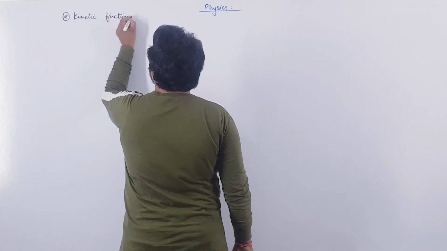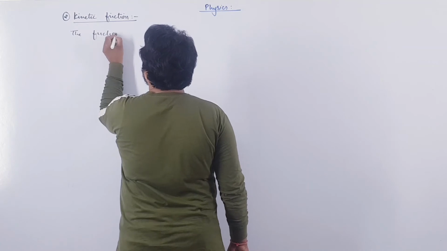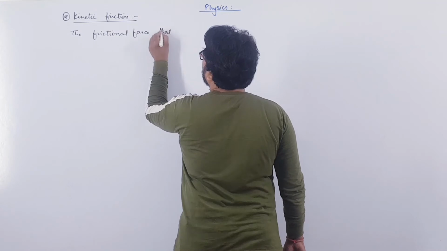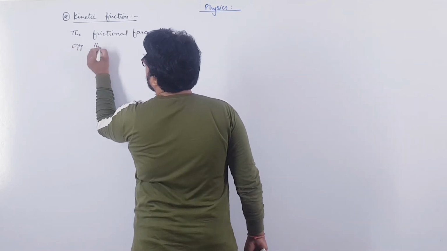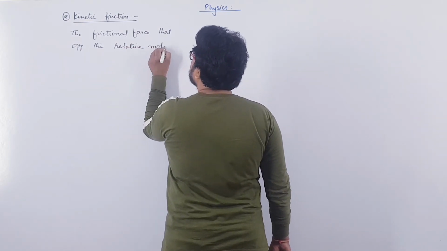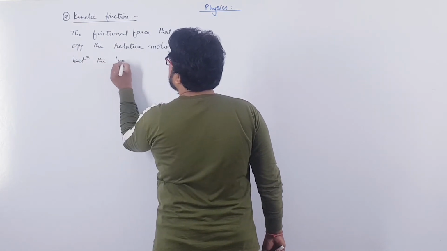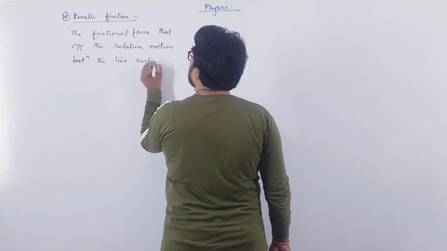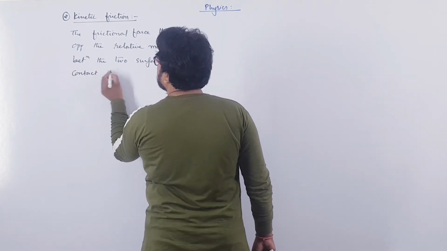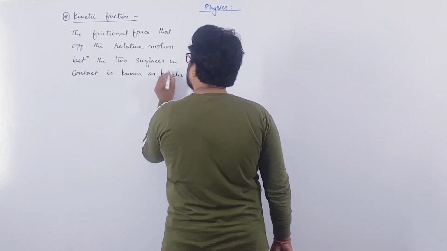A kinetic frictional force, whatever you want to write: the frictional force that opposes the relative motion between the two surfaces in contact is known as kinetic friction.